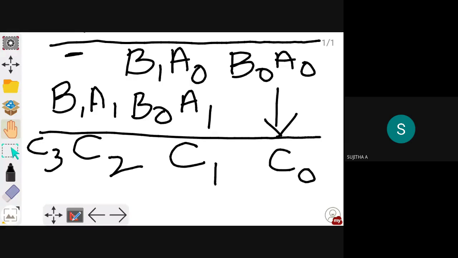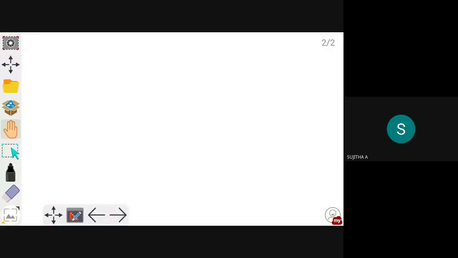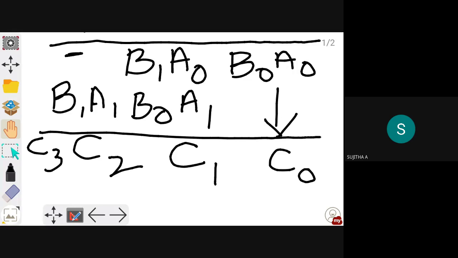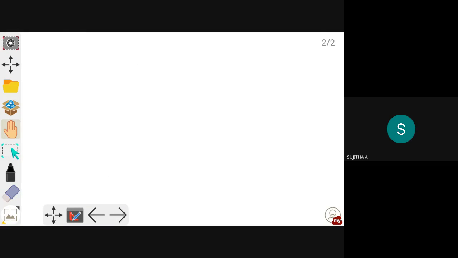So we will go for the design. First you have to multiply A0 and B0. For that you need an AND gate.